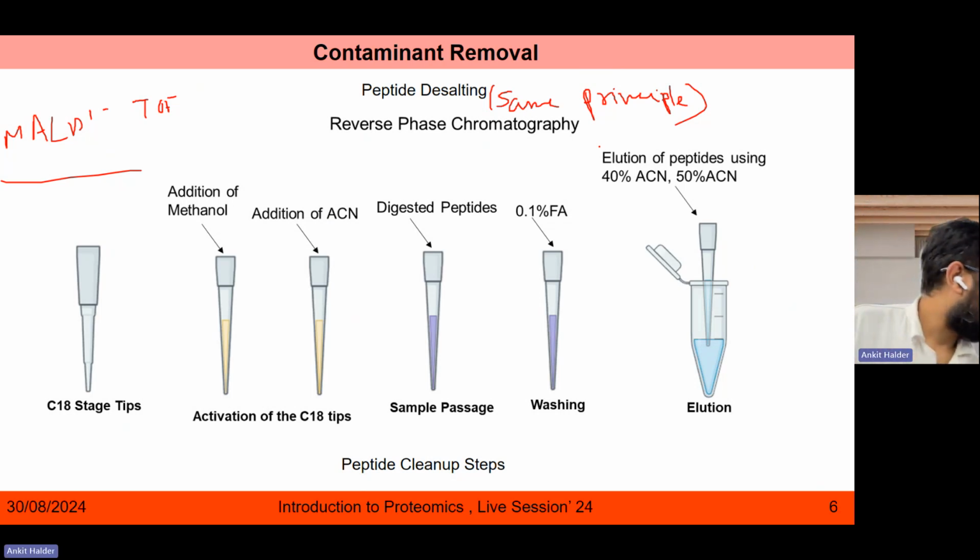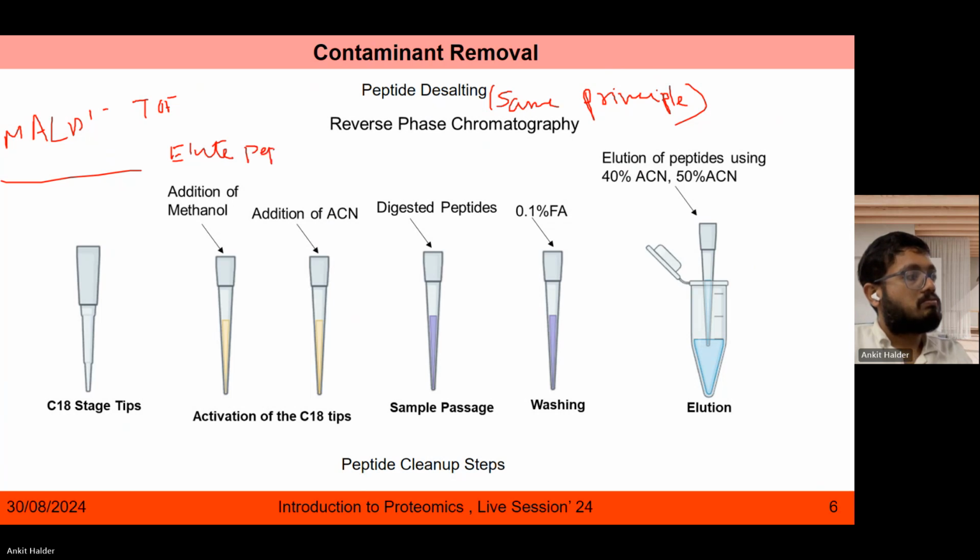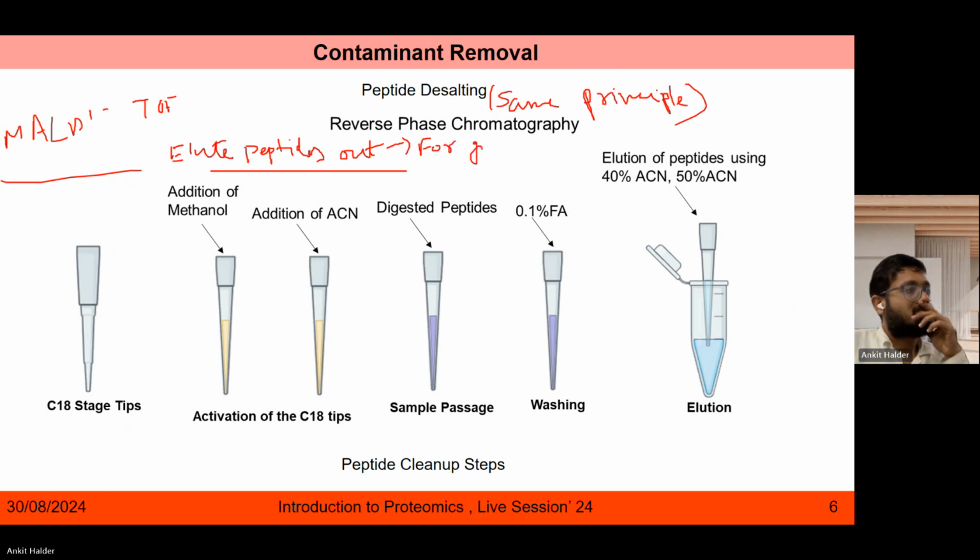So the principle by which we elute peptides out for gradient analysis is similarly the principle we use for desalting.